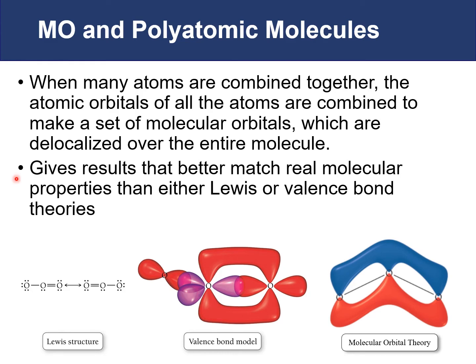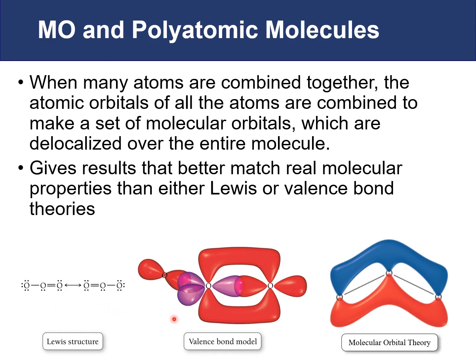This gives results that are much better matches for real molecular properties than what we see with either Lewis or valence bond theory. For Lewis theory, when we are trying to depict molecules that have delocalization or resonance structures, we have to draw them as 2 separate structures with a double-headed arrow in between, implying to the reader that it is a combination of these 2.